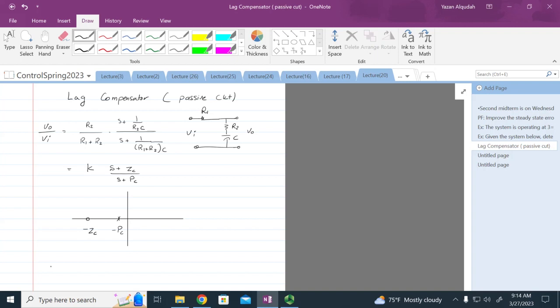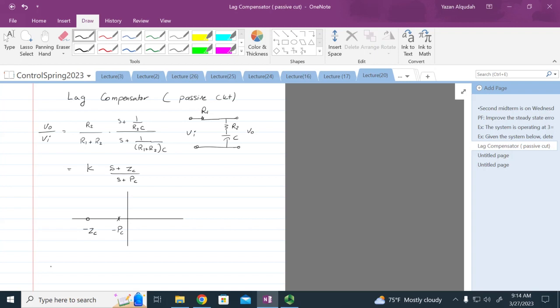We can't, because in order for this pole to be at the origin, we're going to have PC equal to 0. For PC to equal 0, we're going to need R1 to be infinity, or R2 infinity, or C equal to 0, which will open the circuit. Makes sense? So all of these are finite, and therefore we're going to have a finite pole.